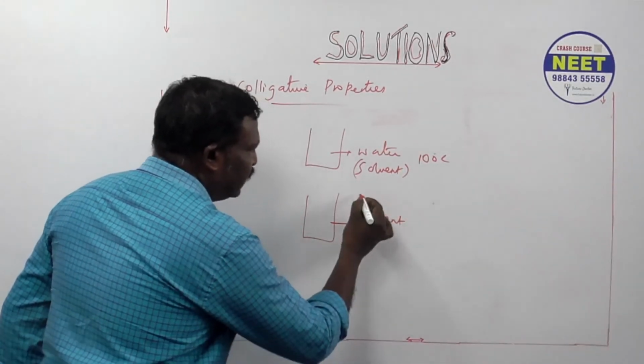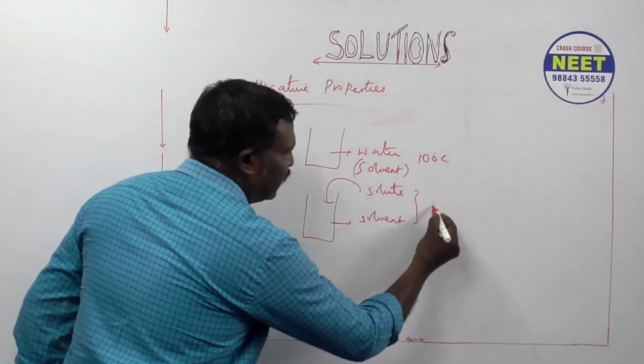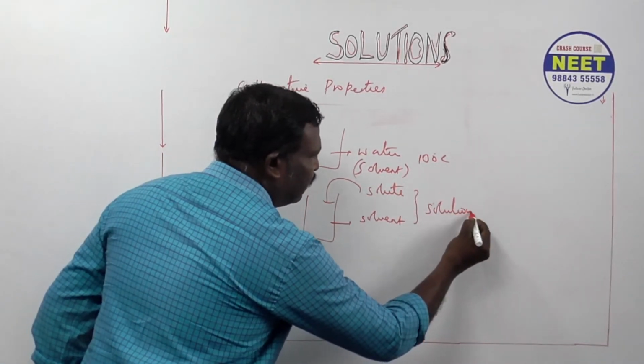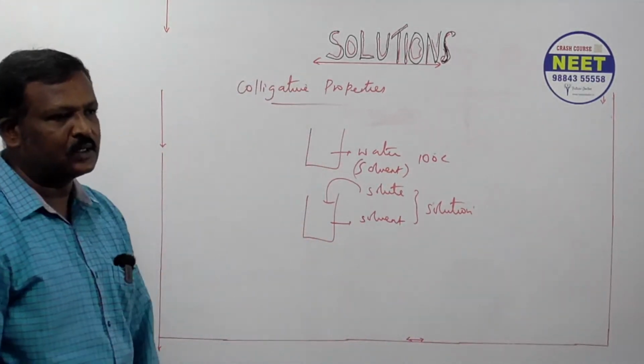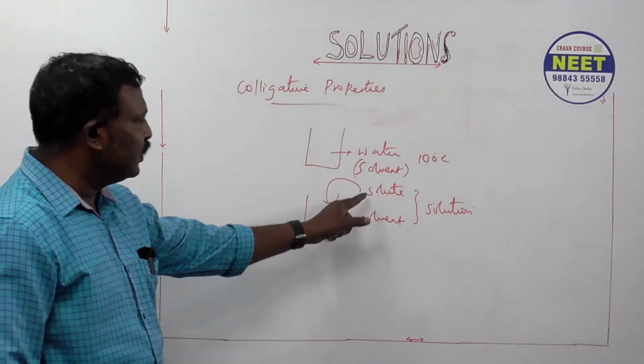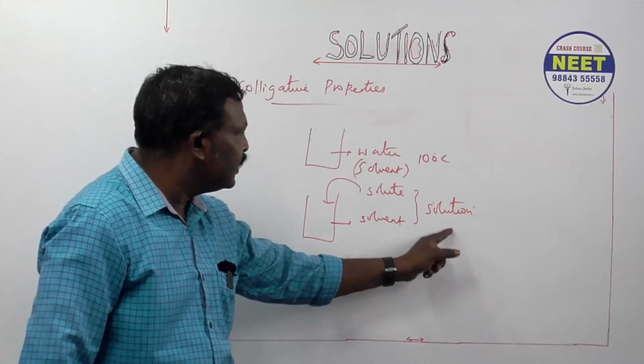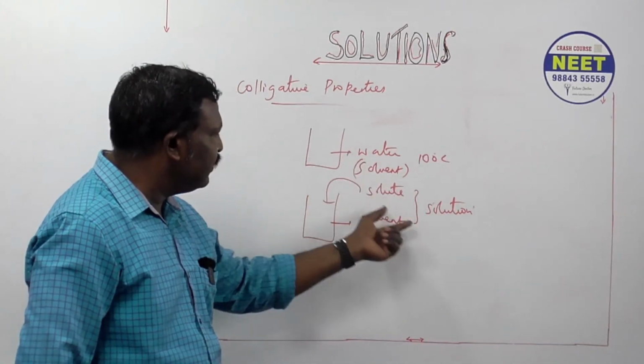Next, to that solvent I am going to add solute. Now only it's called what? Solution. Are you following? Understood? Before that we have only solvent, now we have solution.